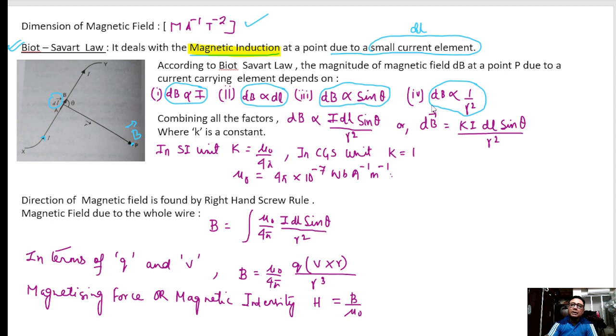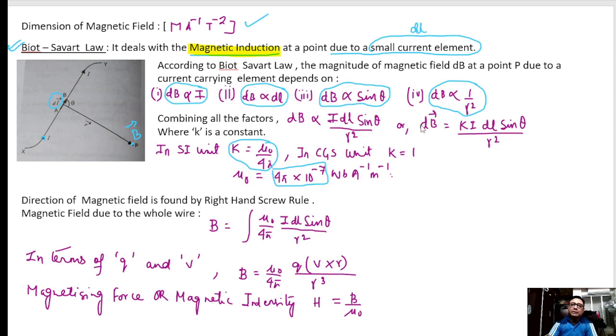Removing the proportionality, I will write it as k, where k is a constant which is mu 0 by 4 pi. The value of mu 0 is 4 pi into 10 to the power minus 7. Please remember it, 4 pi into 10 to the power minus 7 Weber per ampere per meter.